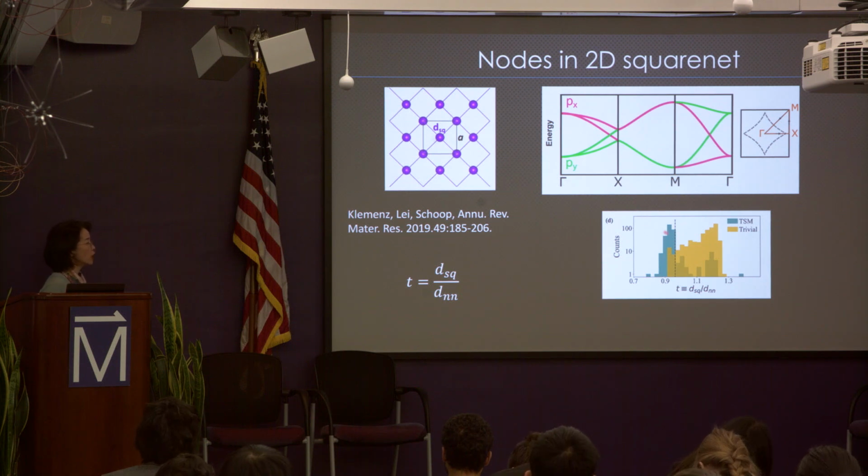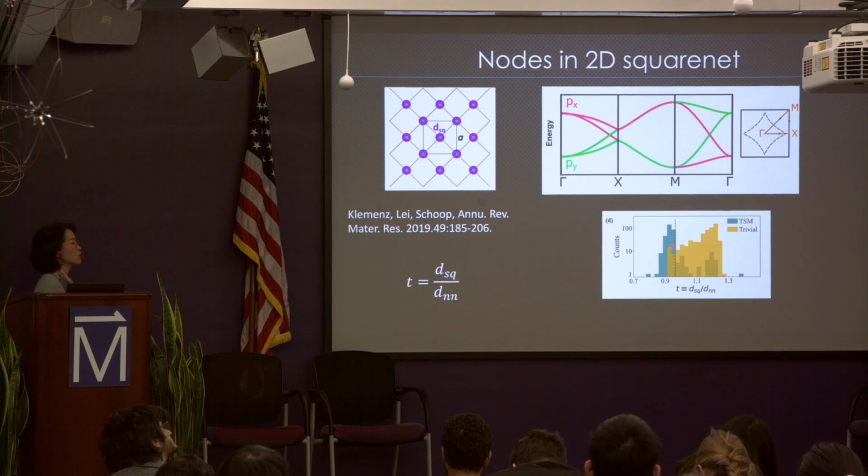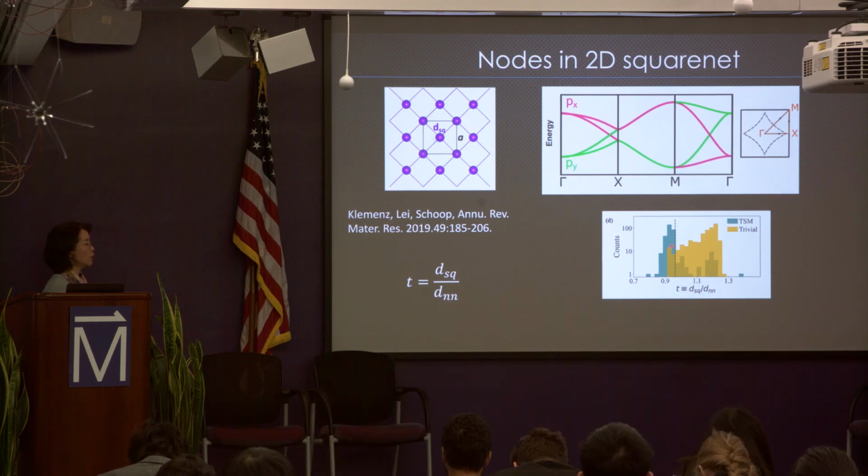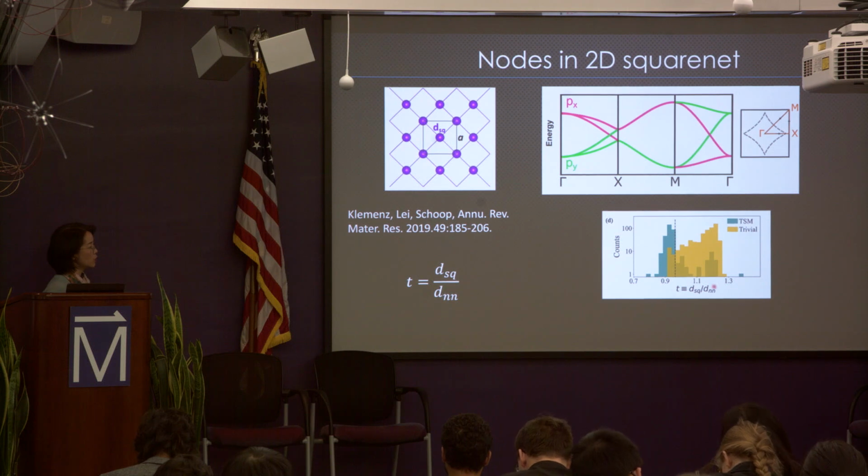So here we have two types of materials, classified as topological semimetal and trivial, depending on what the band structure looks like, when the band structure was calculated either from high throughput or more detailed calculation. And the point was that if you look at this ratio, what they call the t ratio, you get roughly a good picture.